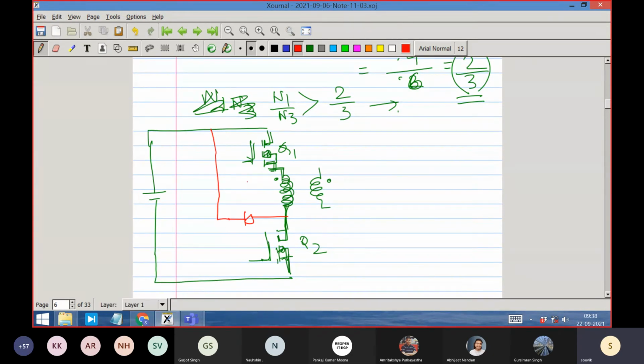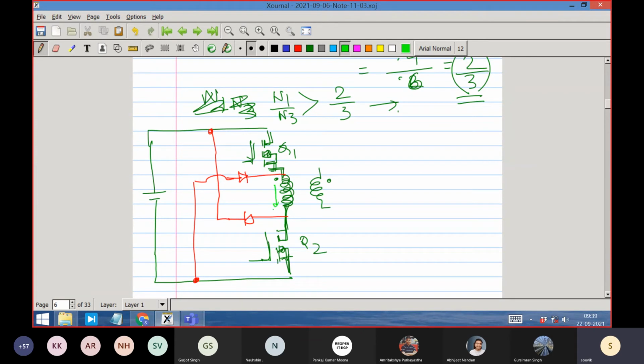So I will do this, and I will do this. Can you see how the magnetizing current is returning back? Can you see that? Yes or no? The magnetizing current was there in this direction.